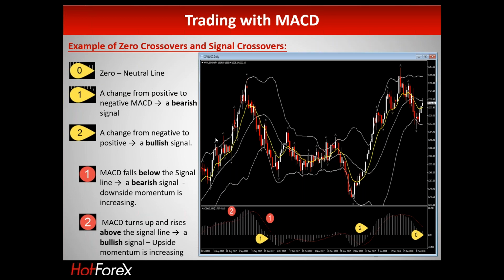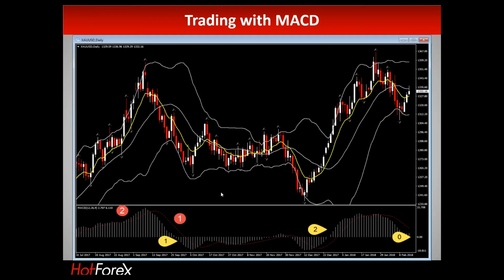You can see it from this movement over here, where it reached its peak on the 7th of September, somewhere around there. So strictly, if we see MACD crossing and rising above the signal line, that's a bullish signal, and it gives us the indication that upside momentum is increasing. Hope that was a good example for you. So let's move on.